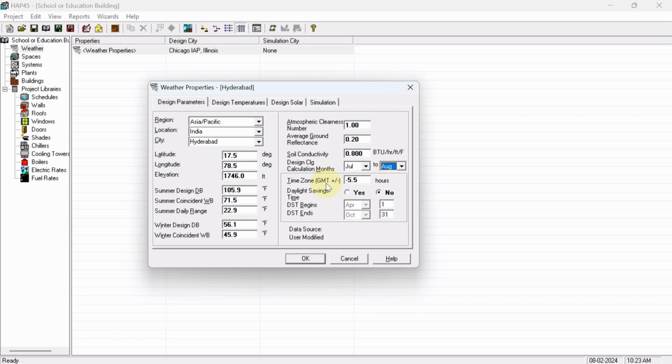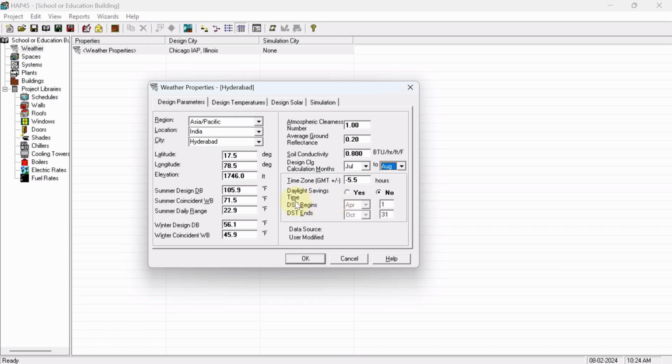For example, UTC minus 5 denotes a time zone that is 5 hours behind UTC, meaning coordinated universal time, while UTC plus 8 denotes a time zone that is 8 hours ahead of UTC. So here whatever is written, just write it down.